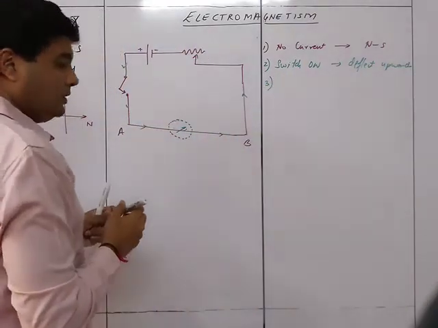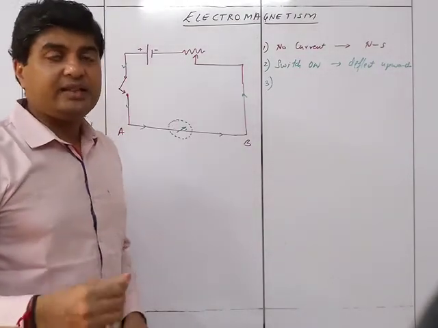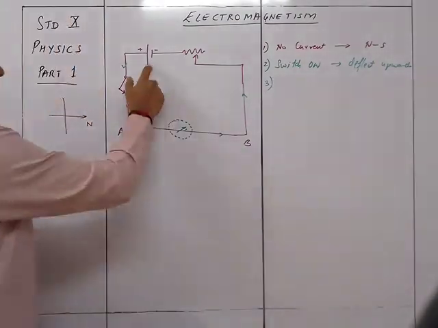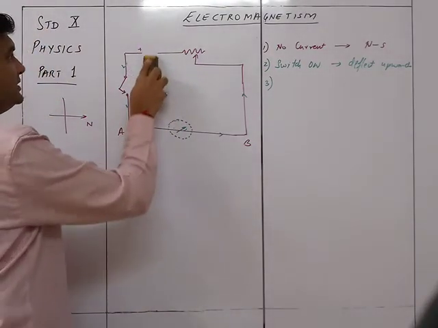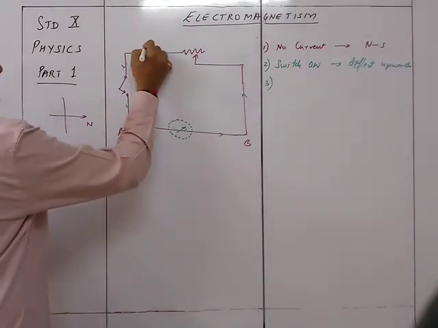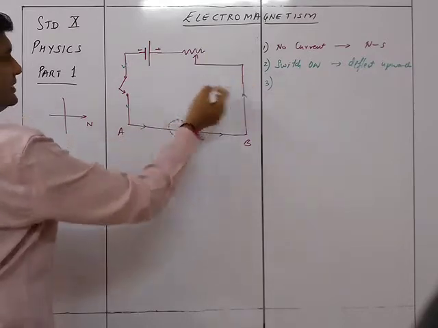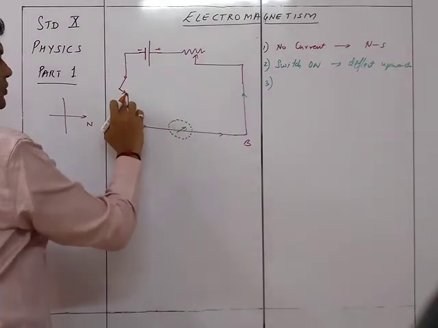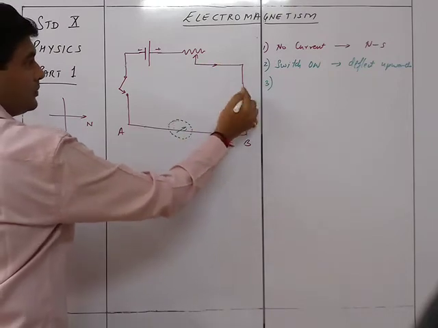Then what we do is we change the battery connection. Instead of giving the battery connection like this, we have the connections like this: this is negative, this is positive here. So the current is going to flow like this. The current no longer flows in the earlier direction, but in this direction.